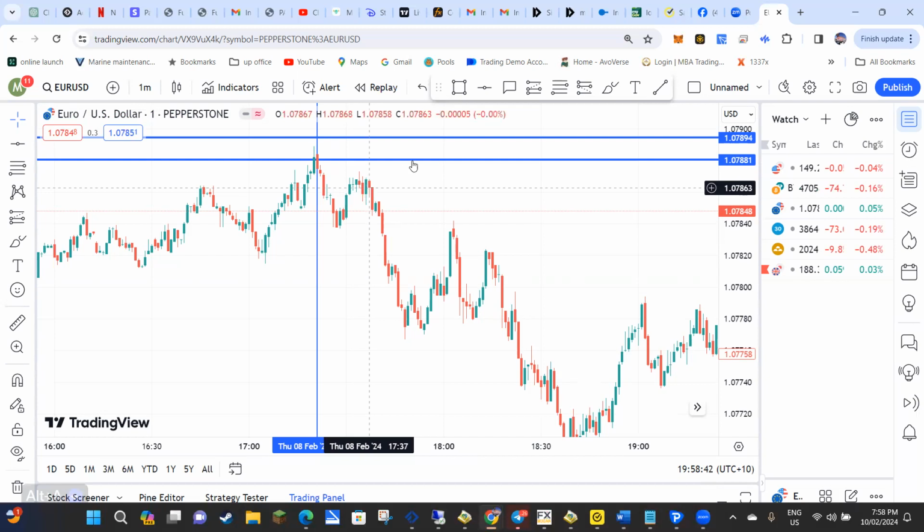If you risk $50 to make $200, it means you've only got to win 25% of your trades to be profitable. And this is something new people probably never even thought about: you could lose 3 out of every 4 trades and still potentially make profit in the end, average profit.